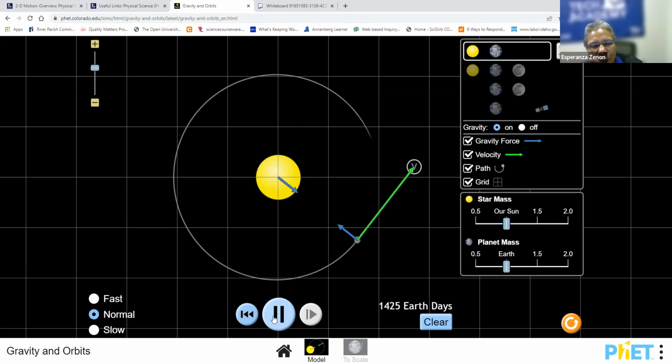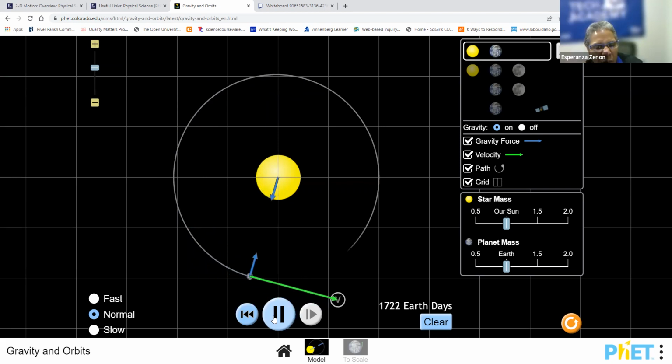So this is an example of orbit motion. And in this case, the Earth is accelerating toward the center of the sun strictly because as it moves in a circle, the direction of its velocity changes.